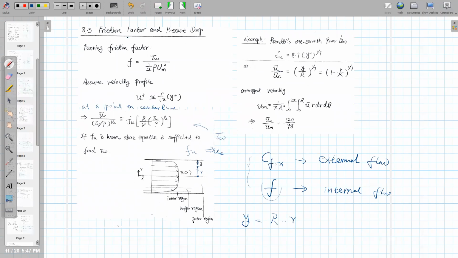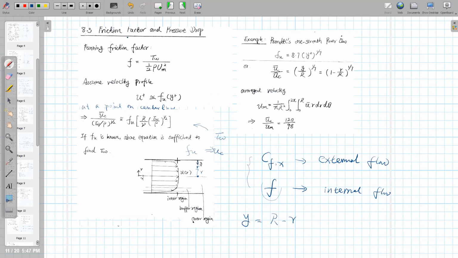So what that means is that if you know this velocity profile in this turbulent field, this single equation is sufficient for you to find the tau W. So what will the simplest velocity profile be? We're still using this Prandtl 1/7 power law, because this works for all the cases when there is a wall.